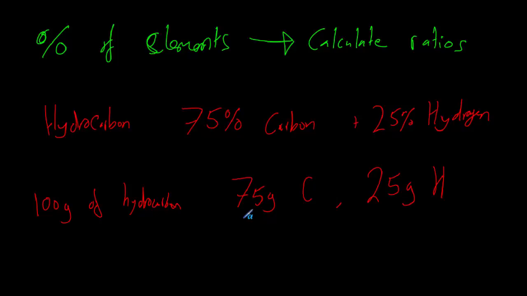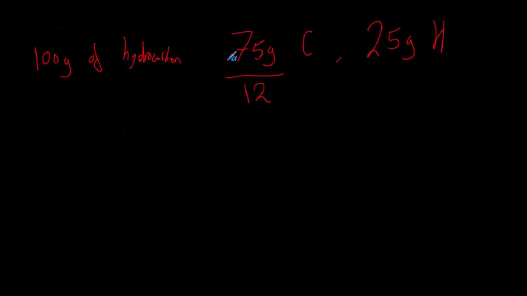So the way we calculate the number of moles is we divide it by the mass of 1 mole. So 1 mole of carbon is 12 grams. And so 75 divided by 12 is going to give us how many moles we have. And that is actually 6.25 moles. You do that in your calculator, you don't have to work that out in your head.